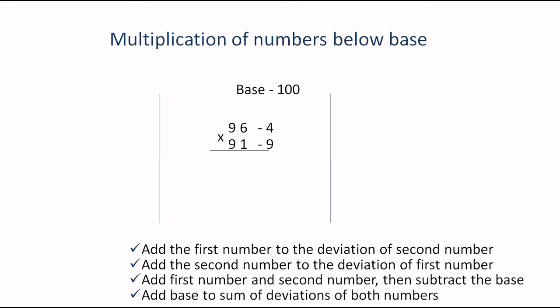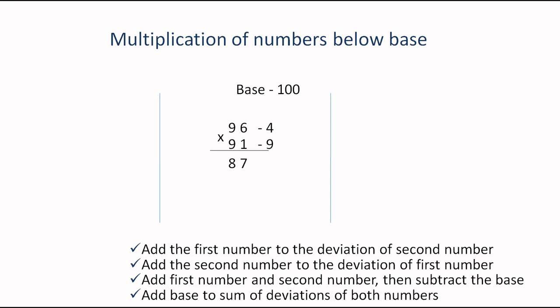We can take any of these four methods and that will give us the left hand side of the result. So I am considering the first way, adding the first number to the deviation of the second number, that is 96 minus 9. The deviation here is a negative number, so we are just subtracting it straight away. 96 minus 9 will give 87 as the answer.